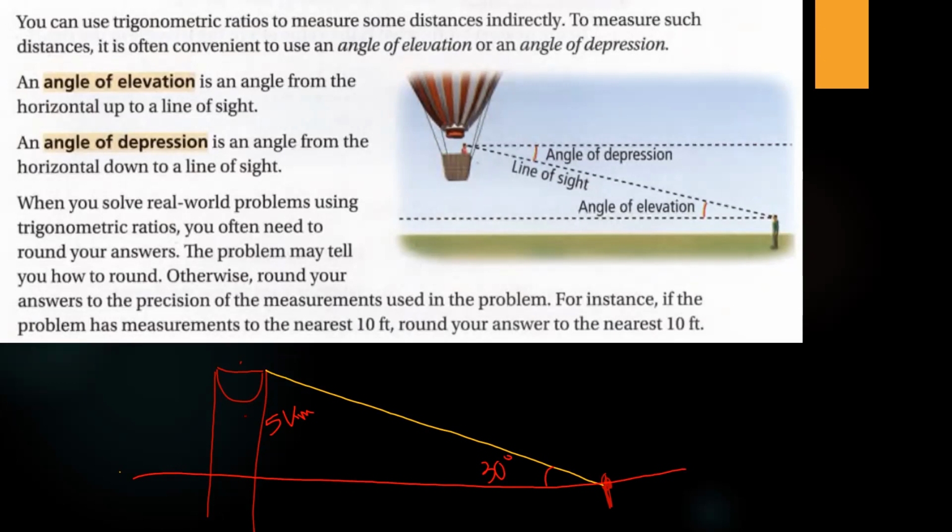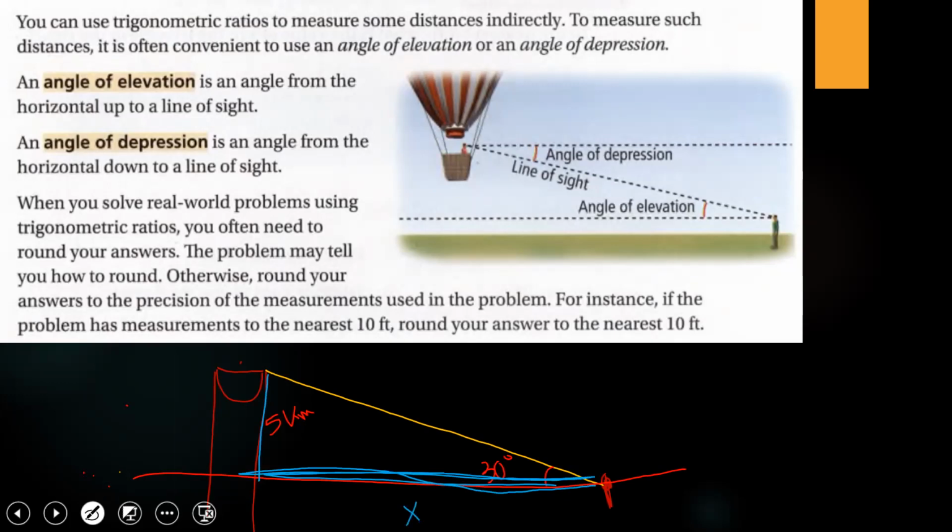How can I know? Shall I measure the distance from my point to the Kingdom Tower? No, I will use the trigonometric ratio. The trigonometric ratio helps me find how far I am from the Kingdom Tower. If this is 5, this one here, this is the x that I want to find.